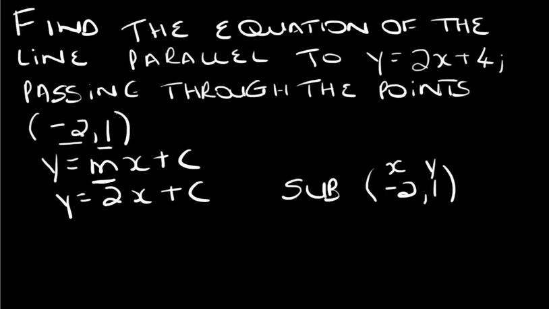Where are we going to substitute it? Into the equation here. So this is going to be negative 1 is equal to 2 times negative 2 plus c. So you know that 2 times negative 2 is negative 4.